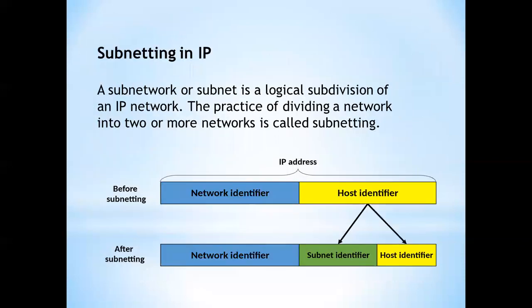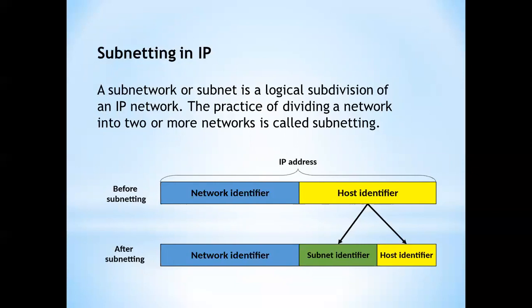Next point is subnetting in IP. All the hosts in a network must have the same network number, but this property of an IP address can be problematic as the network size increases. For example, a company initially may have only one LAN, but as time passes, it might end up with many LANs, each one having its own router and each one with its own class C network number.